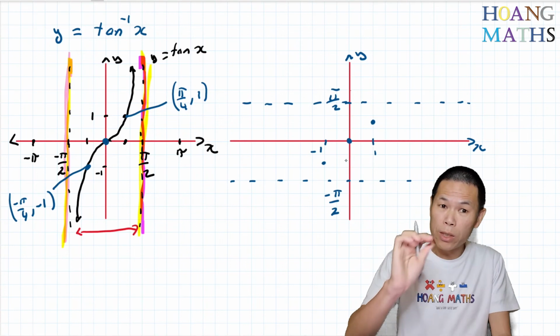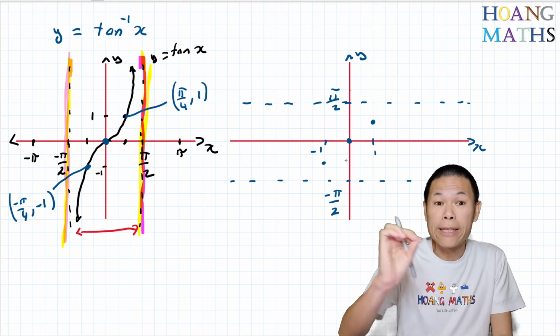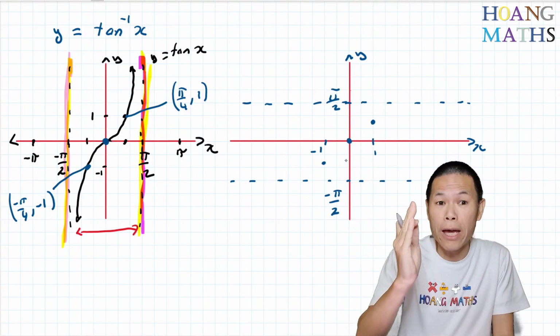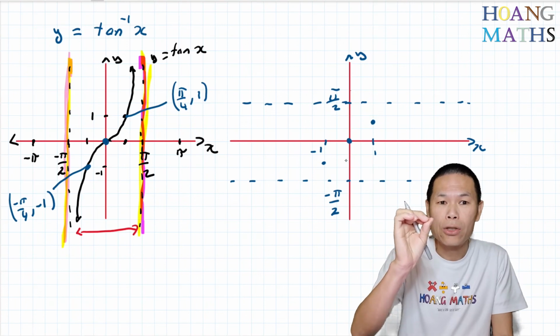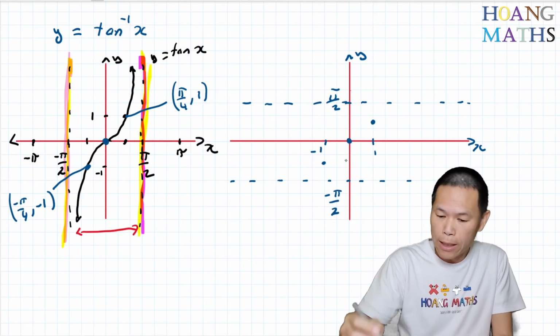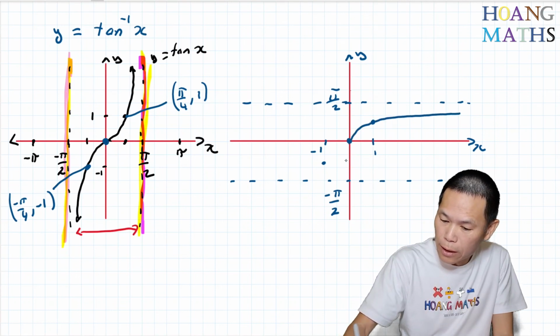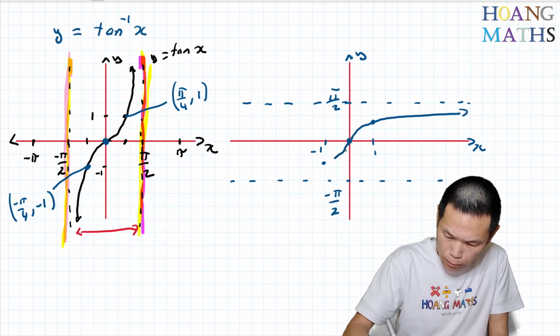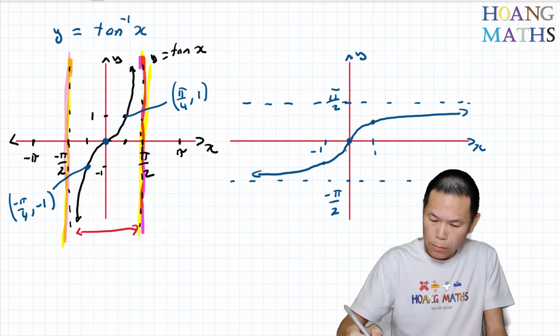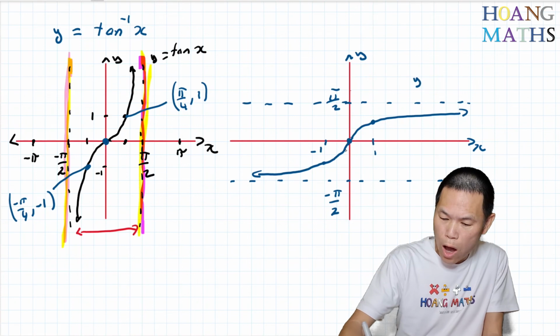So don't forget, we need to curve to the x-axis, because for tan x, it curves to the y-axis. So therefore, we invert that, okay? It becomes curved to the x-axis. So don't forget. So it's like this. So there you go. This is y equals tan inverse of x.